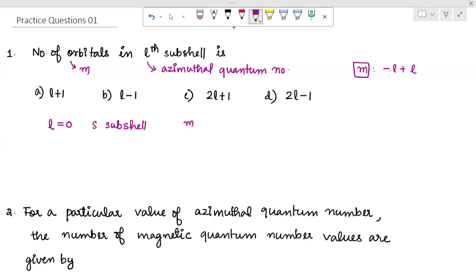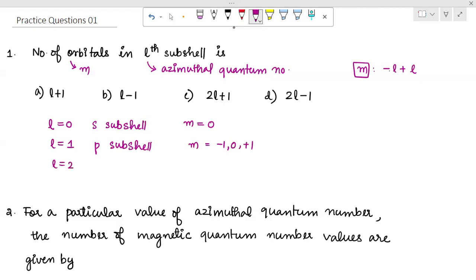So if L is equal to 0, S is the subshell, M can take the value of 0 only. And when you have L is equal to 1, it corresponds to the P subshell, and the possible values are M is equal to minus 1, 0, plus 1. So you have three values.